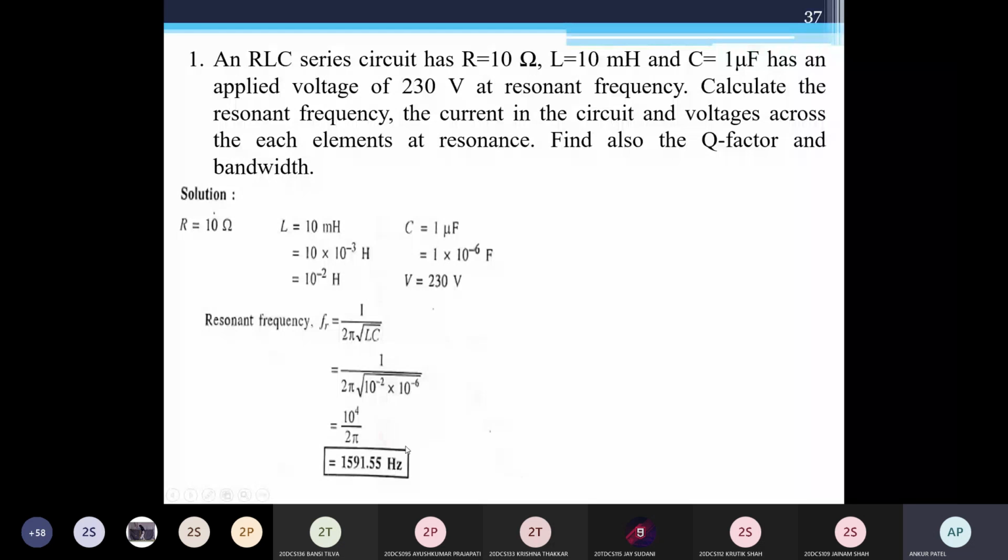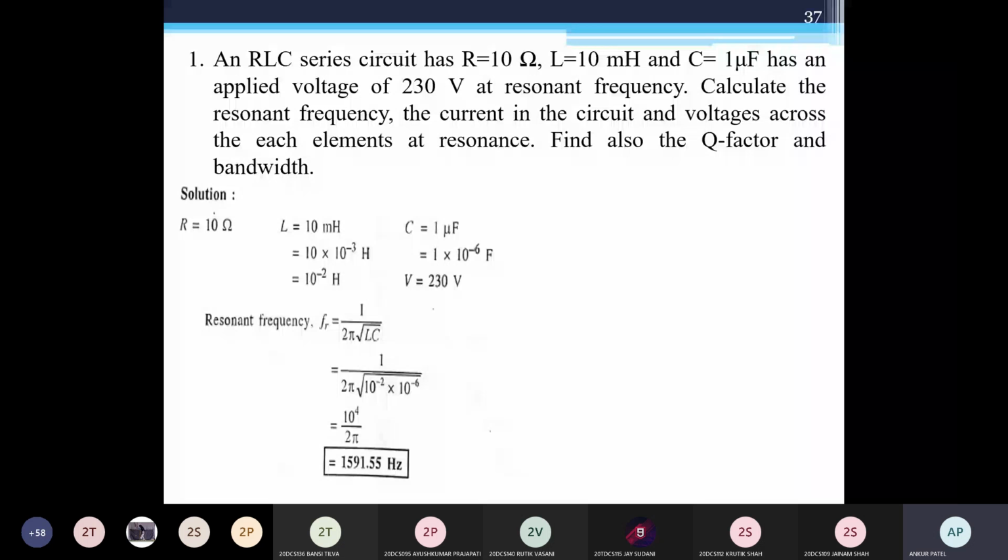Now, next, we have to find current in the circuit. So here the condition is already mentioned, resonance condition is given. So how to find current in the circuit, by which equation? I is equal to V by R. Again I am saying, during resonance current becomes maximum.